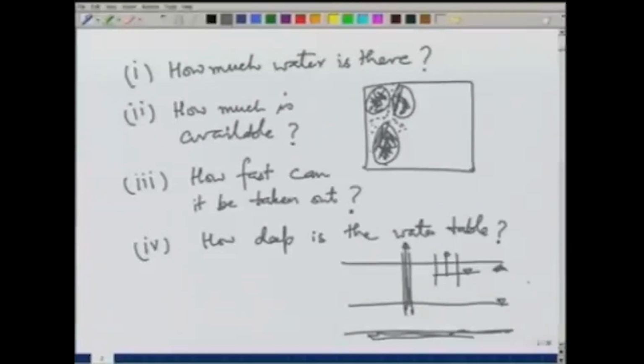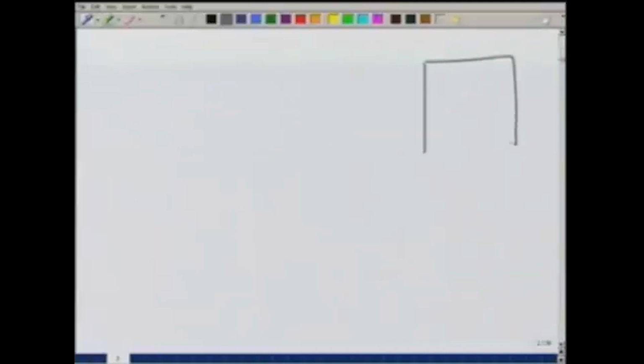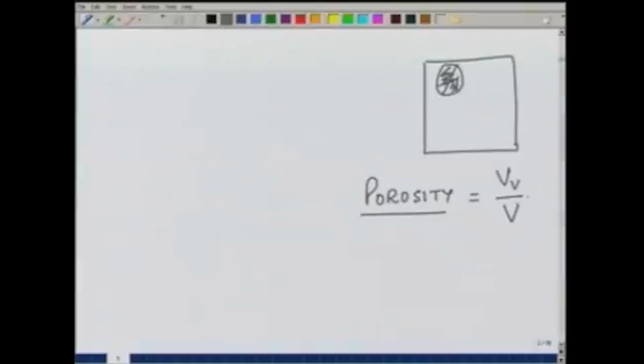So, let us look at these things one by one. First, how much water is there? In soil mechanics, we have seen a term called porosity, which is defined as the ratio of the volume of voids to the total volume of the soil sample.